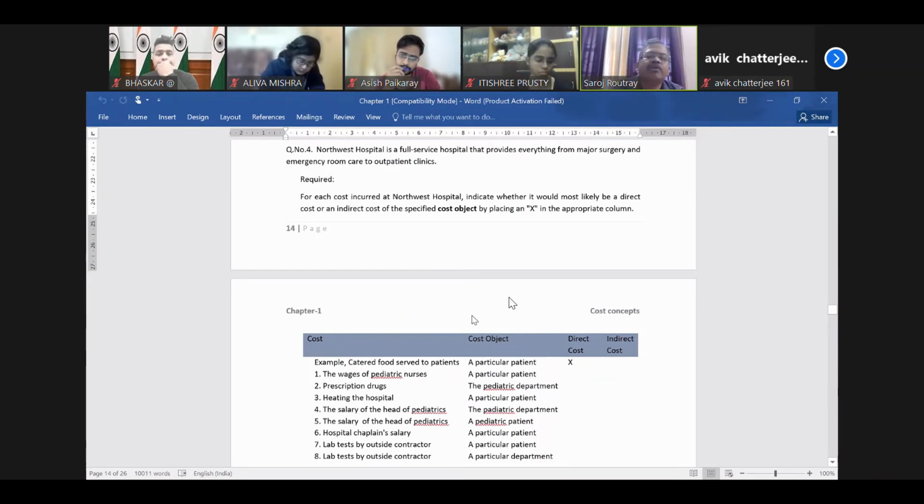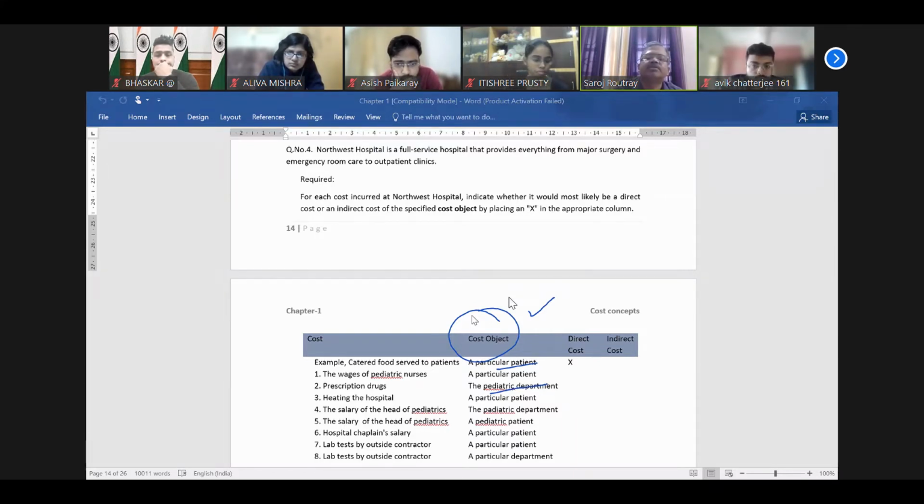Whenever you read this cost object, think that I want to find out the cost for that particular thing. If it is a patient, that patient. If it is a department, then it is the department. Okay. So I'm giving you 2-3 minutes to go through the things and analyze on your own, and thereafter we will be discussing.